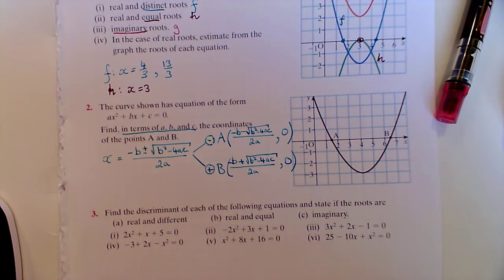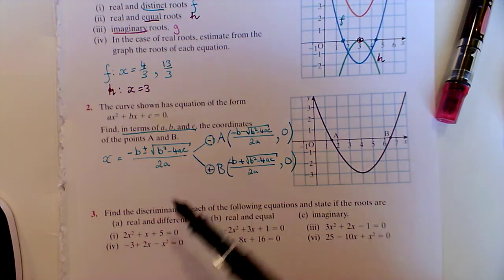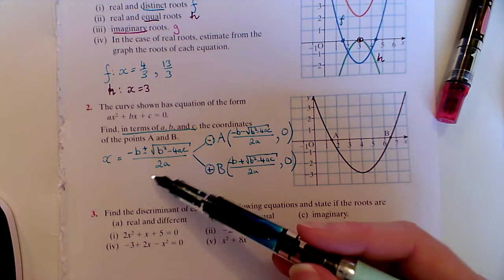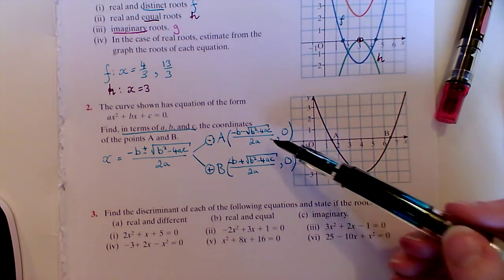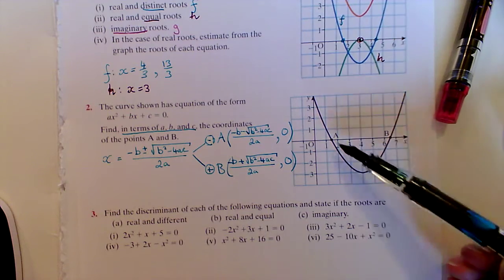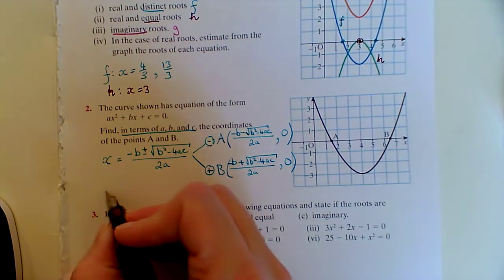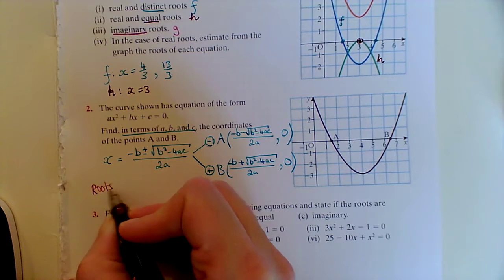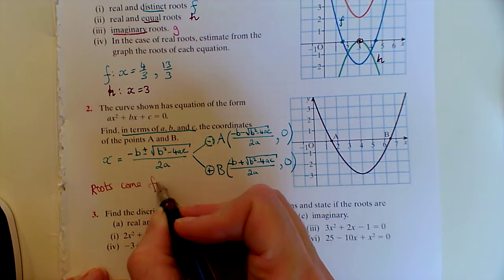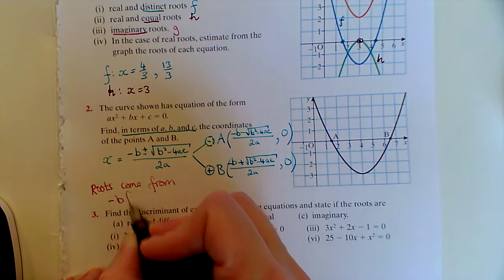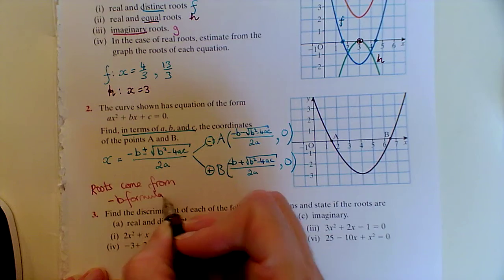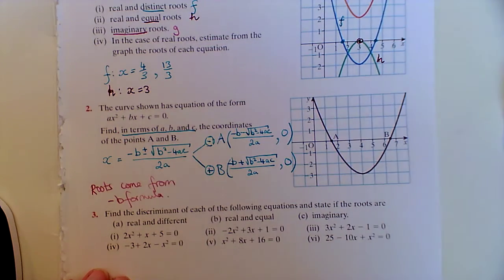So what they were looking for in this question, and it is kind of confusing the way it's asked, was to just illustrate that you understand that the minus b formula that we've learnt off gives us the coordinates of the roots. So the minus b formula gives us the roots. That's what we were being asked for there. And they weren't asking us for actual numbers in this question.